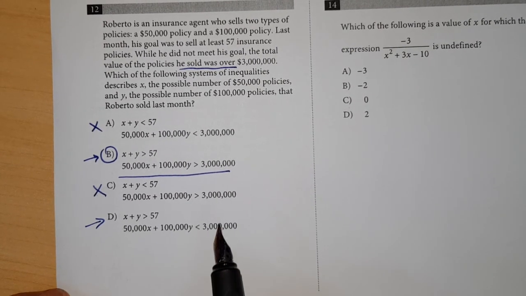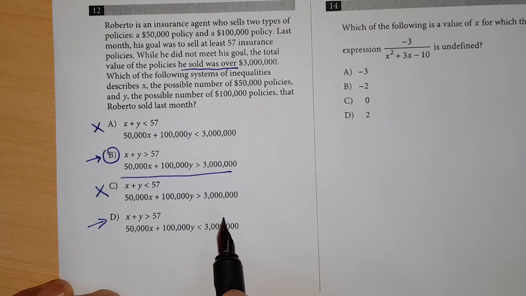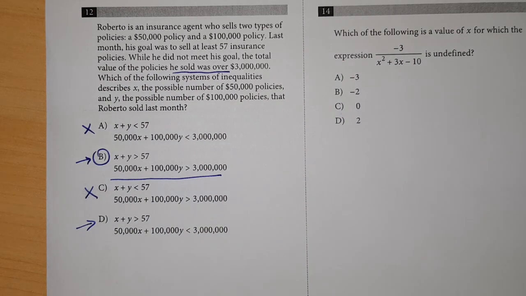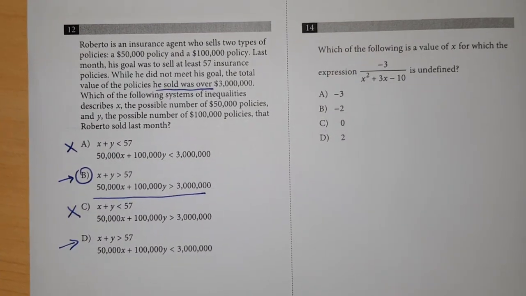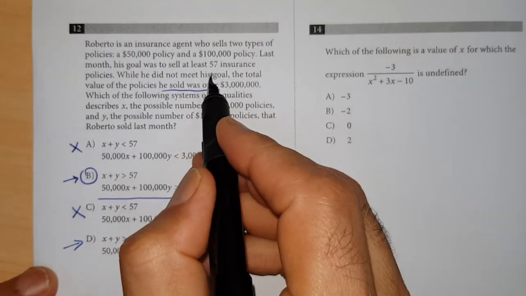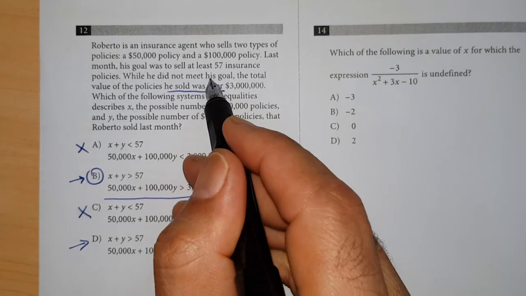The total value of the policies he sold was over, so this is the answer. Sorry, I have a mistake here. He said now he does not meet his goal in this one.